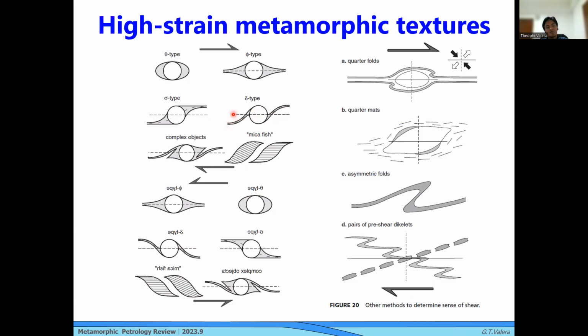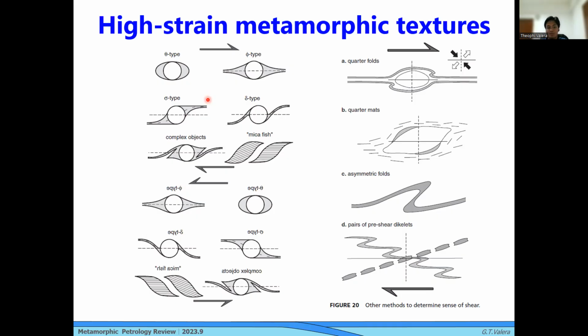The same comment as before. This type of texture, you should only observe on the plane parallel to the foliation plane. So essentially the foliation planes. When you see a delta type porphyroclast on the foliation plane, then that tells you where the stretching is happening.